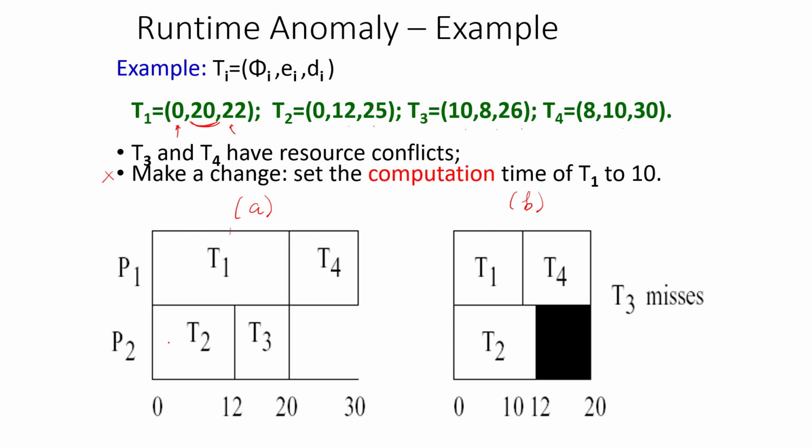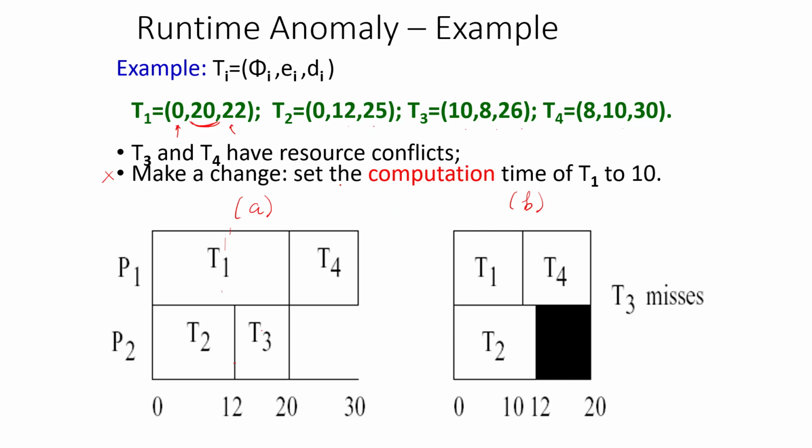Then given the fact that T2 comes in the beginning, we also do T2. Then T3 comes at time unit 10, which will just be before 12. So that's when T3 comes. We schedule T3. T4 has also arrived at time unit 8. But if we decide to schedule T3 first and then T4, nobody misses their deadline.